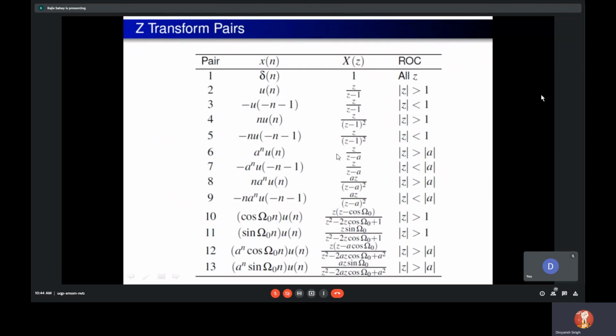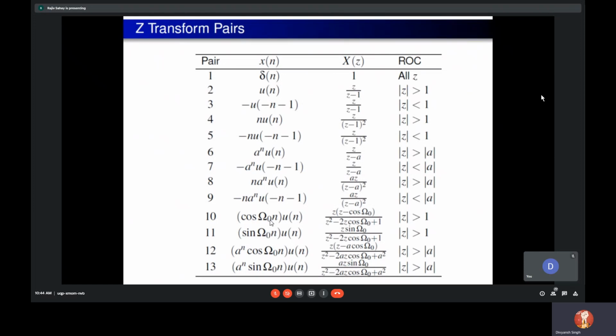We have already seen this, z by z minus a, or sometimes it is written as 1 by 1 minus a z inverse. Again here it is also 1 by 1 minus a z inverse. And this is the double pole property, double pole at z equal to a. For the right-sided cosine and the right-sided sine, you can derive all this by using the expression e to the power j omega naught n plus e to the power minus j omega naught n, divided by 2, for cos omega naught n.